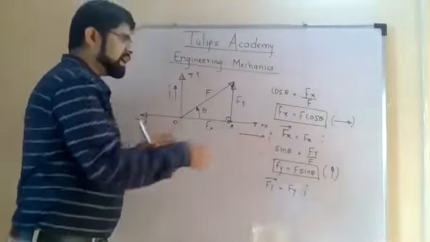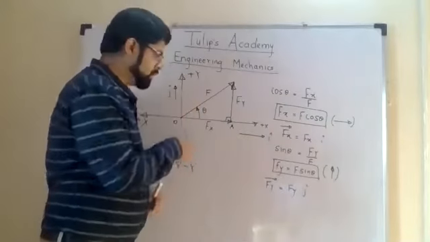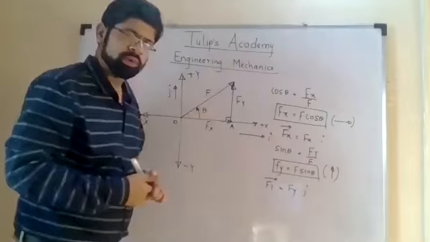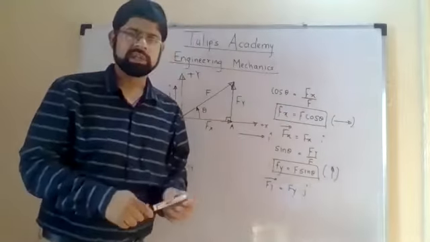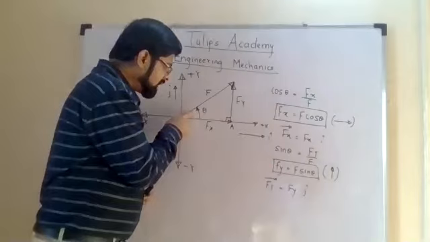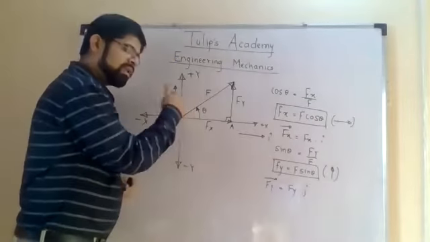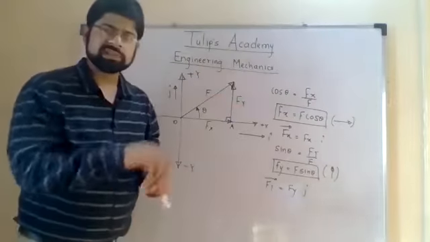So this is the case when F is known to you, that is the resultant force is known to you, the angle subtended by the resultant force with any of the axes is known to you, and you have to find out the components. In that case, you will go with the sin theta and cos theta relationships. Now, if the same angle is given with respect to the y-axis, then these two relationships will get reversed.